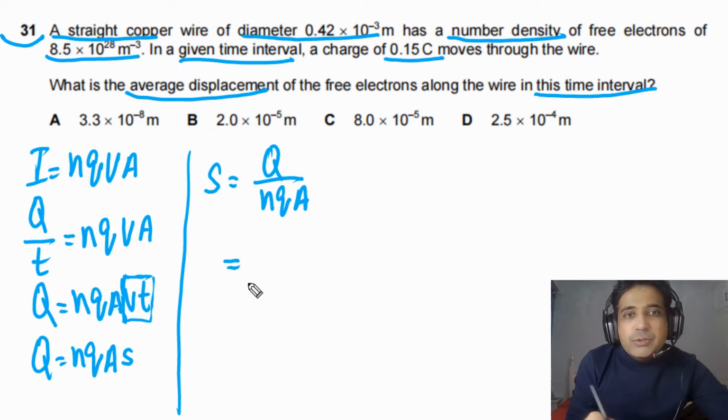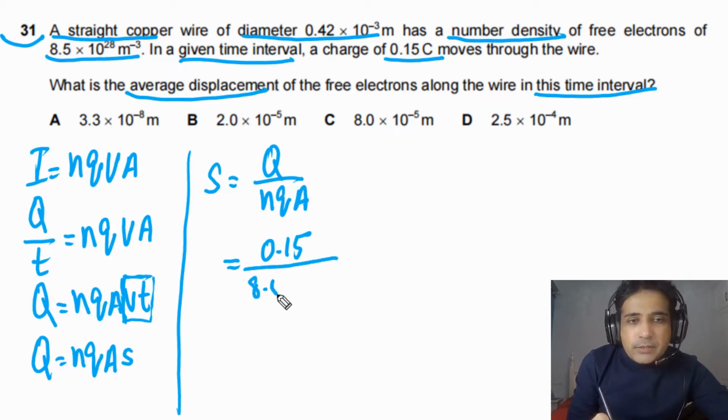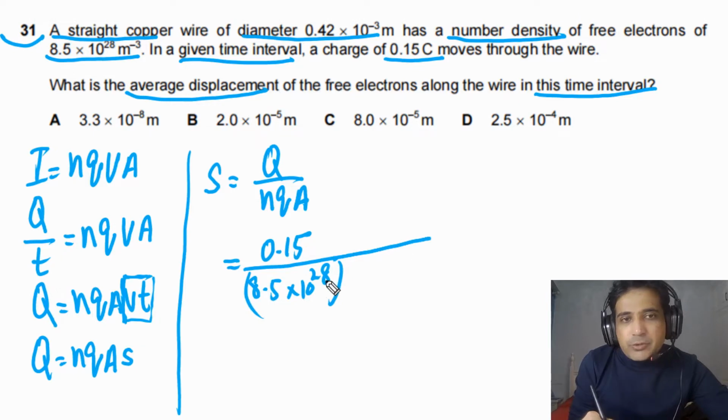Q is the total charge, that is equal to 0.15 coulombs. n is the number density, equal to 8.5 times 10 to 28 per cubic meter, meaning the number of free electrons per cubic meter.